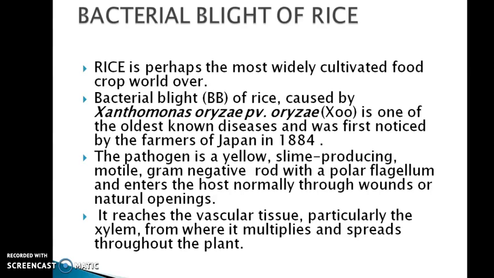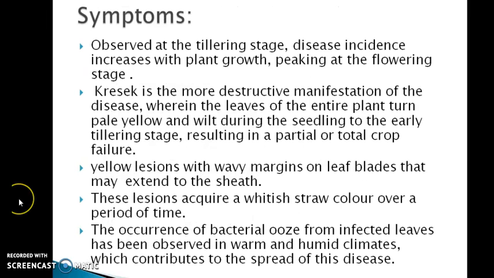It reaches the vascular tissue, particularly the xylem, from where it multiplies and spreads throughout the plant. Symptoms are observed at the tillering stage. Tillering gives the crop the necessary number of stalks required for good production, and the disease incidence increases with plant growth, peaking at the flowering stage.